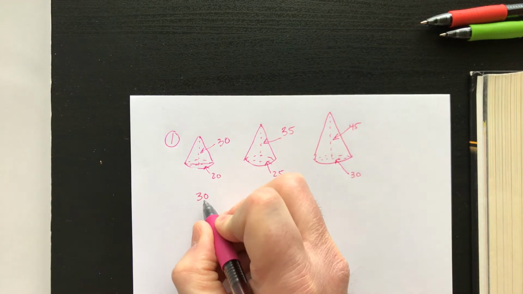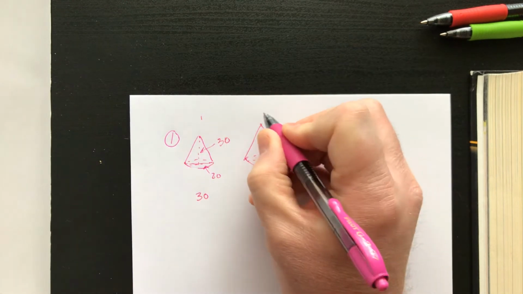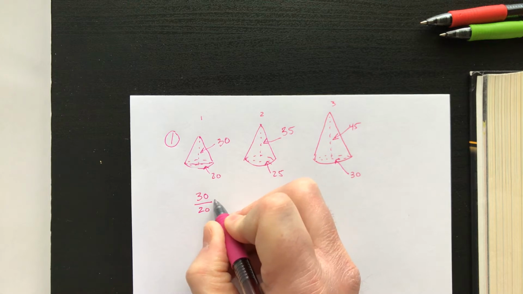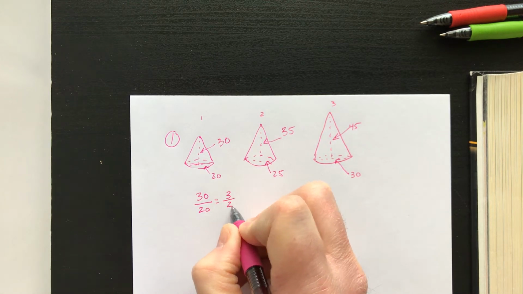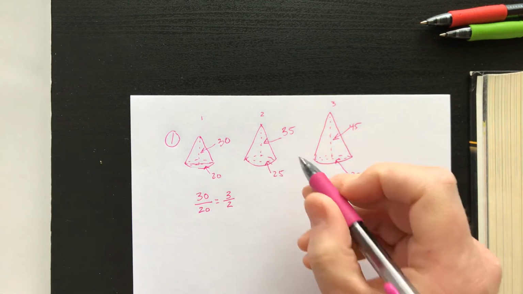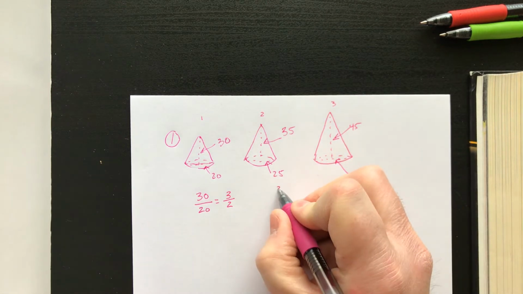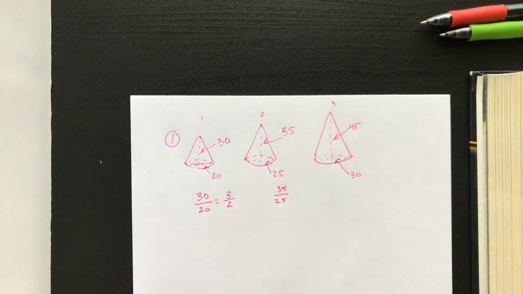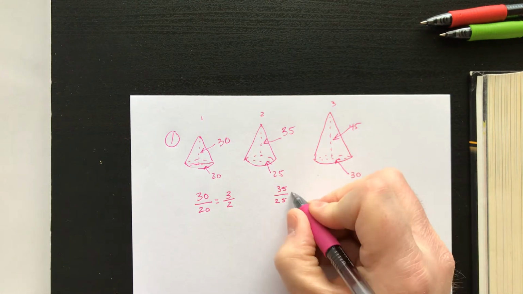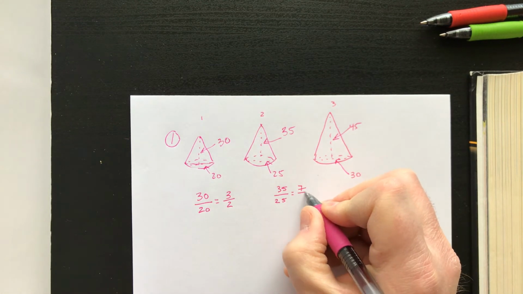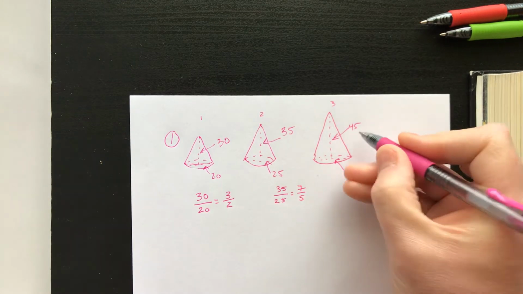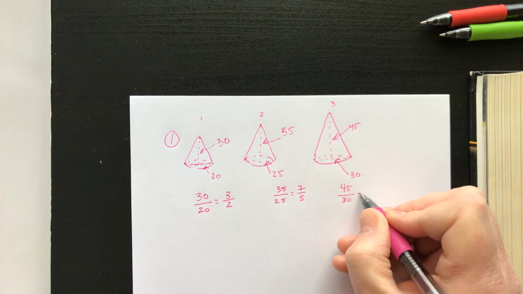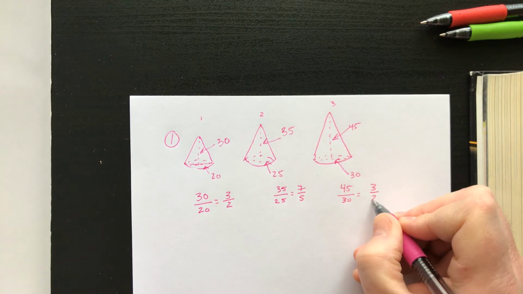So in number 1, we have 30 over 20, which reduces to 3/2. Then over here, we have 35 over 25, which is going to be 7 over 5. And then over here we have 45 over 30, and this reduces to 3/2.